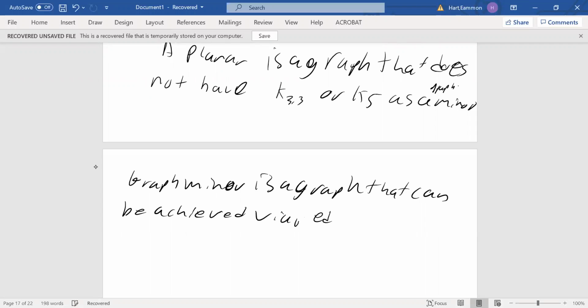Edge deletion, vertex deletion, which deletes any edges that are attached to the vertex, or edge contraction.